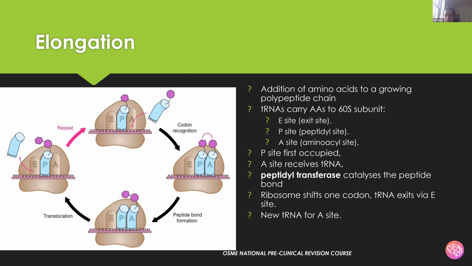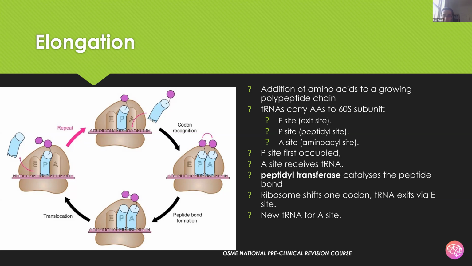Once the correct tRNA enters the A site, peptidyl transferase activity of the ribosome catalyzes a peptide bond formation between the amino acids. And so that's between the P and A sites. So you can see here, peptide bond being formed. Then the ribosome shifts one codon along the mRNA transcript, releasing the initiator tRNA through the E site.